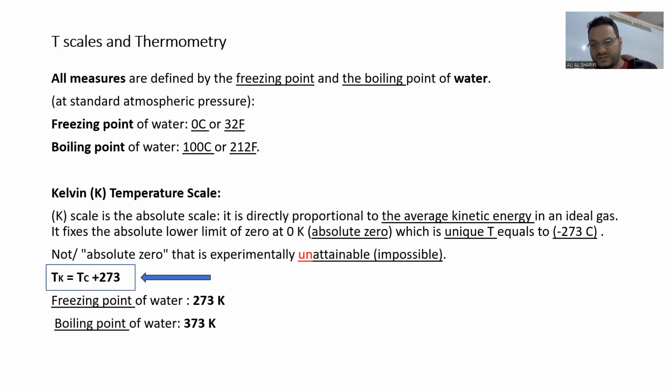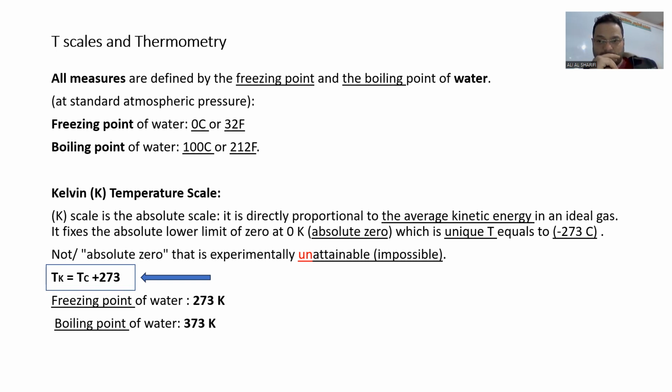That means minus 273 Celsius. Let me keep going. It's directly proportional to the average kinetic energy in an ideal gas. It fixes the absolute lower limit, like I said before, of 0 at 0 Kelvin, that means minus 273. It's a crucial point. Humans couldn't reach a degree less than absolute zero, and that's why they call it absolute zero.